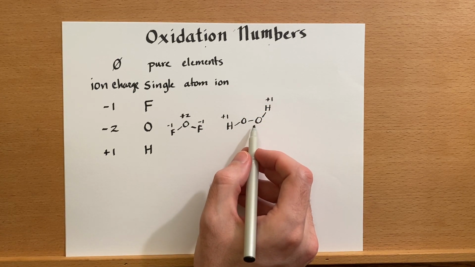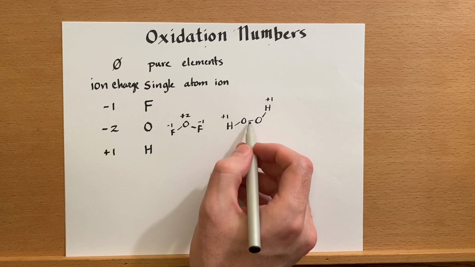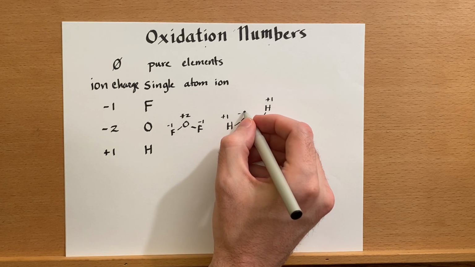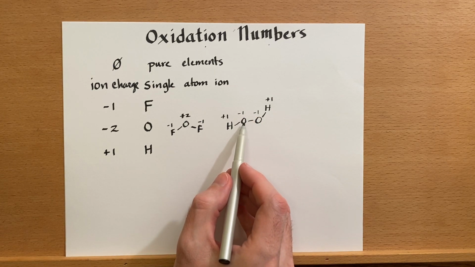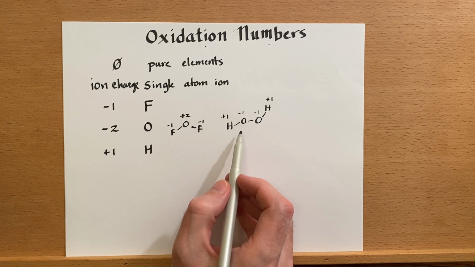And since we're in a peroxide compound, the oxygens will be -1s. So instead of the oxygen being -2, now it's -1.